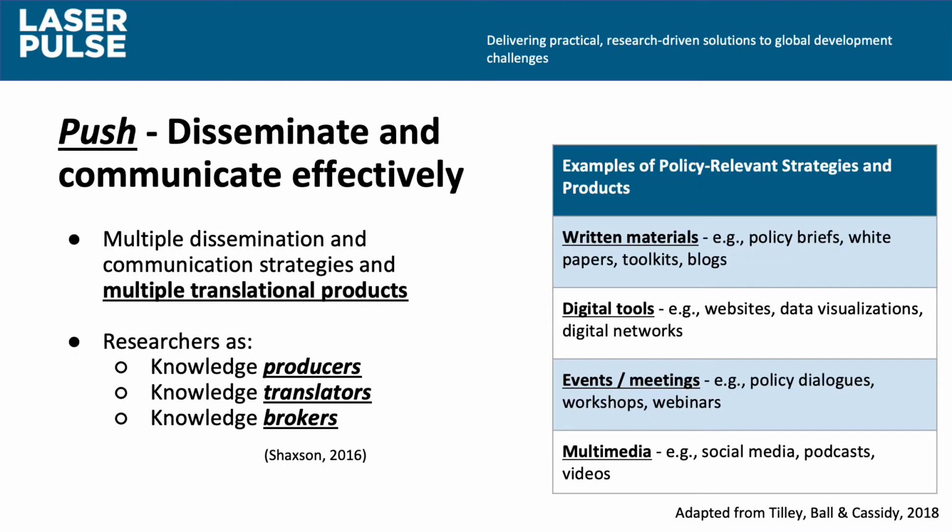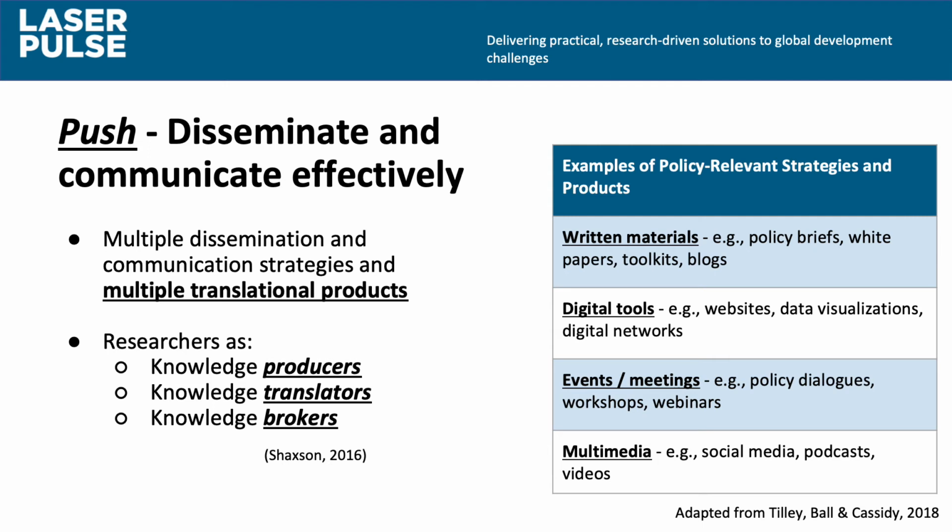The third set of strategies are related to push strategies to disseminate and communicate effectively about your research and findings. You should plan for multiple dissemination and communication strategies that occur at various stages of the research project, not only after the research is completed.